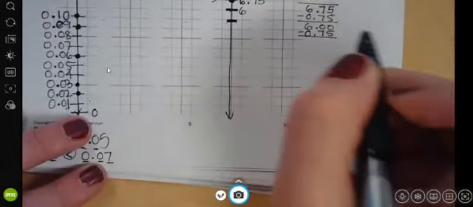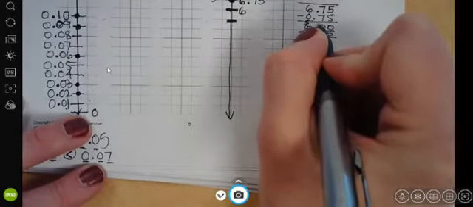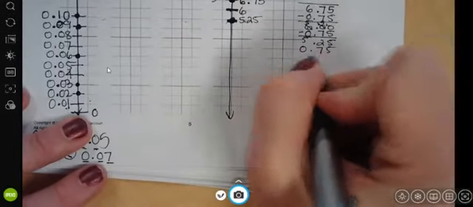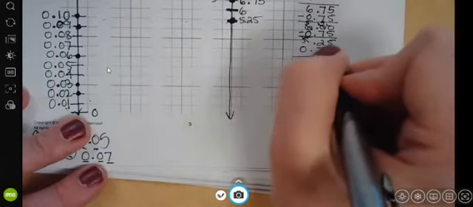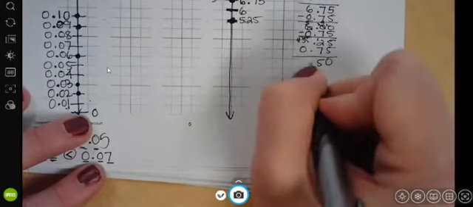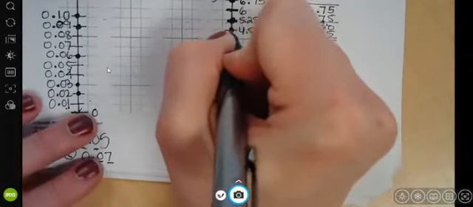So then I subtract 75 hundredths more. And that is a decimal. And then subtract 75 hundredths more. Getting some regrouping practice today. And that is a decimal.